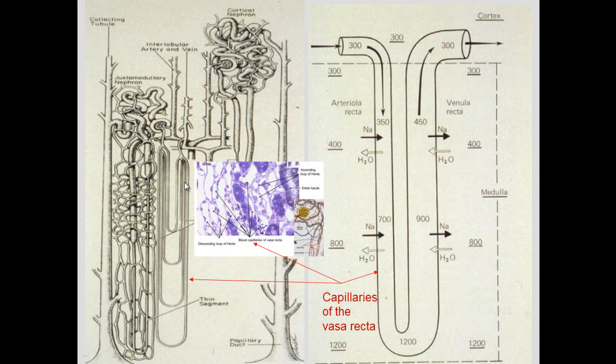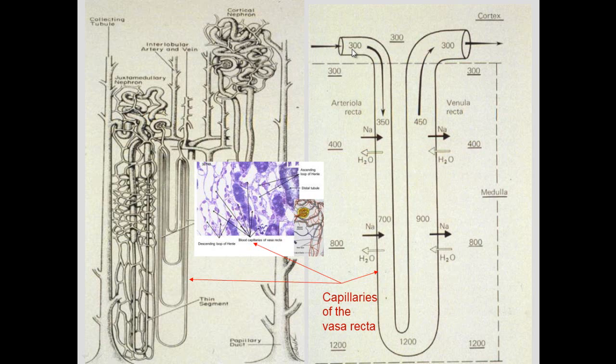We see the peritubular capillaries coming out from the efferent arteriole, going down various lengths, and you can see the renal corpuscle here, and you can see the nephrons going in through there with the peritubular capillaries wrapped around them. And here we can see the vasa recta.